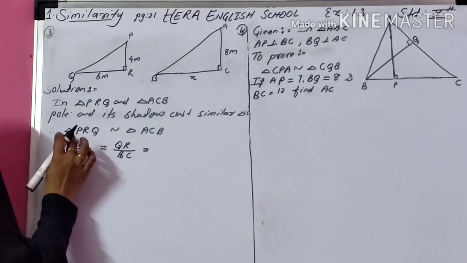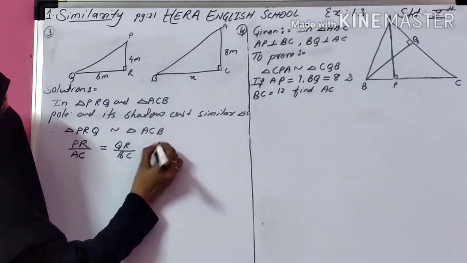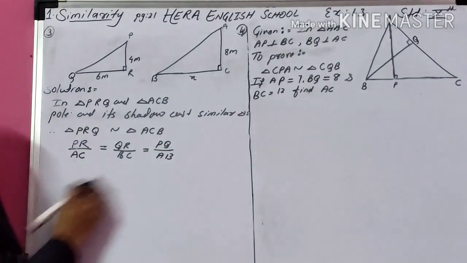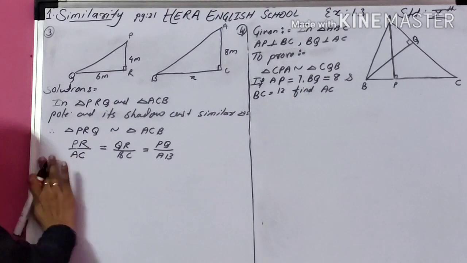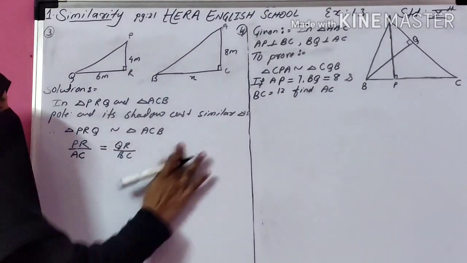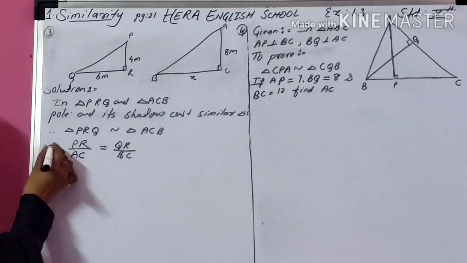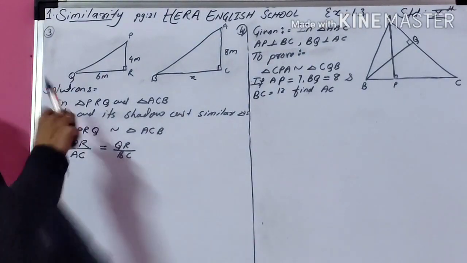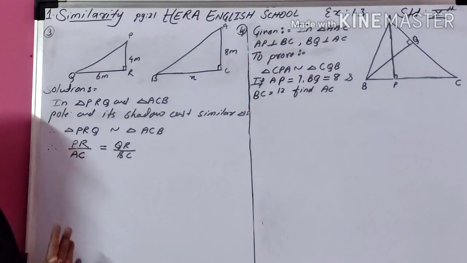The third one is PQ upon AB. Out of these three, you require only two. There is no need to write all three ratios of corresponding sides. Write only the two ratios that you require.